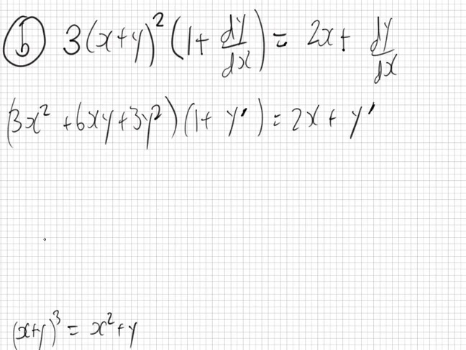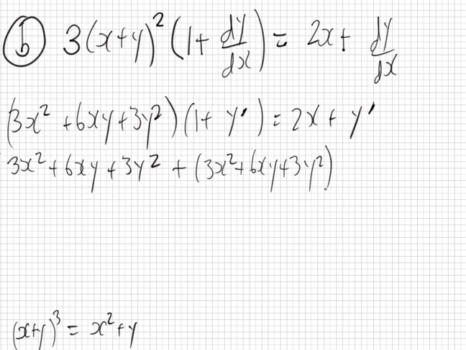Now we have to multiply this out, unfortunately. 3x squared plus 6xy plus 3y squared multiplies 1, and then multiplies the y derivative, equals 2x plus the derivative here. I just multiplied out the left.